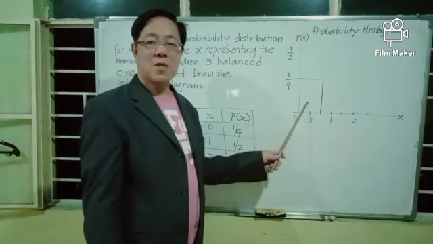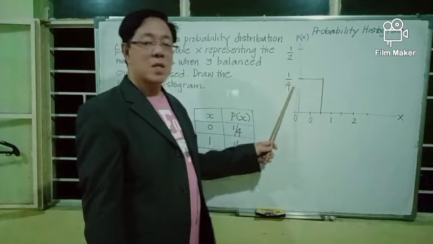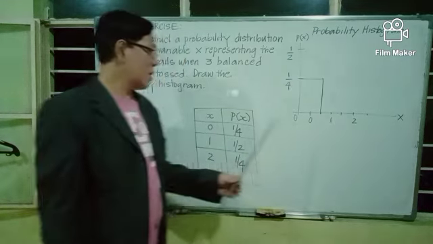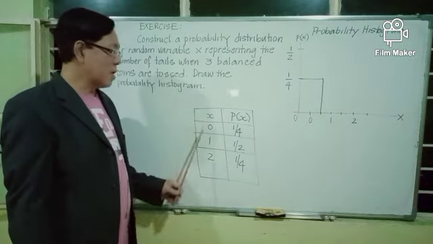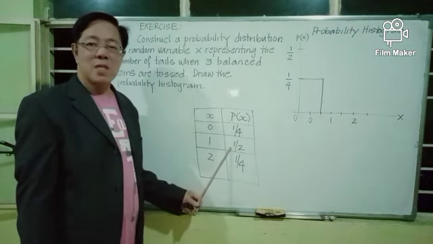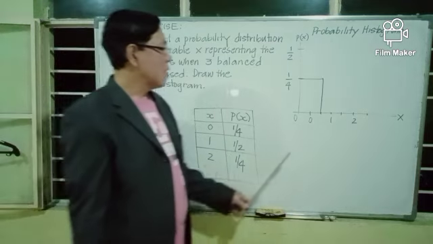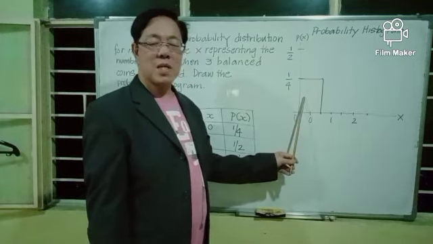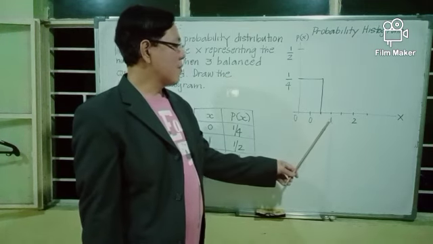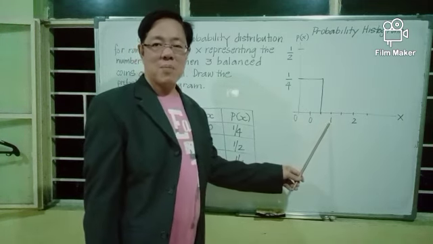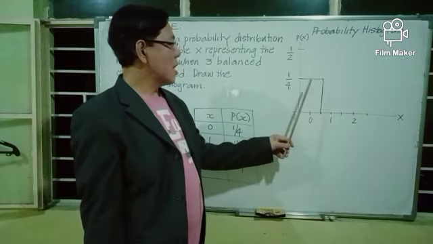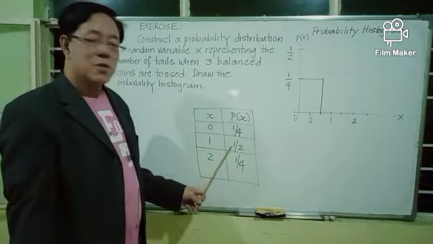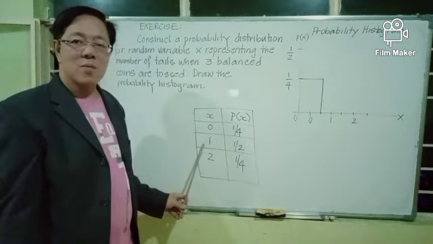One side of the first vertical bar will coincide with the vertical axis. For x equals 1, the corresponding probability is 1/2. The second vertical bar will have a common side with the first vertical bar. We find 1 at the midpoint of the lower base, and the height of the second vertical bar corresponds to the probability of x equals 1.